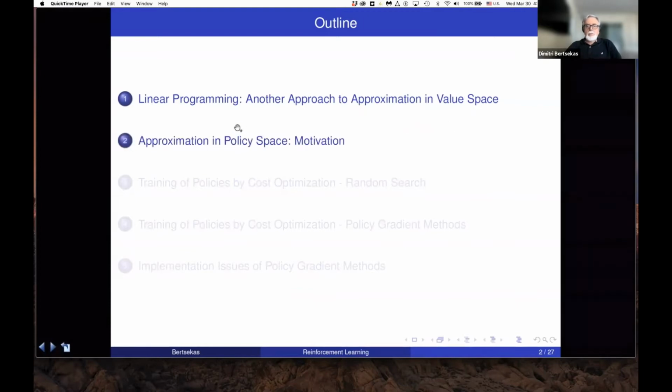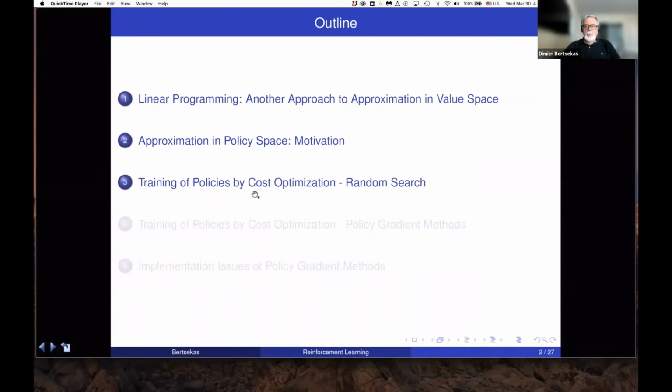Then we're going to switch to approximation in policy space. I'm going to describe various contexts within which this approach might be preferable to approximation in value space. Of course, here what we're trying to do is obtain parametric forms of policies to use online, and we obtain these parametric forms by training. There are a number of different methods for training.